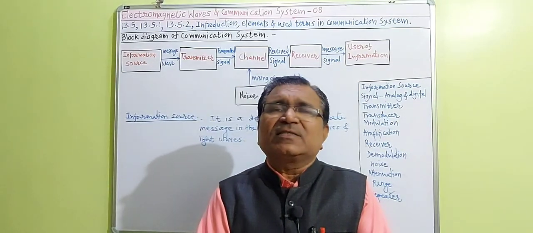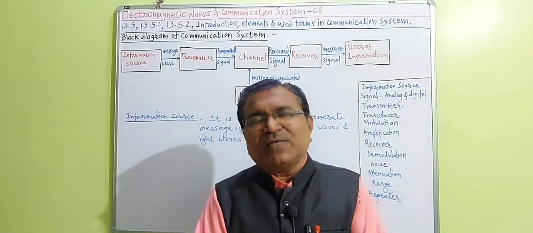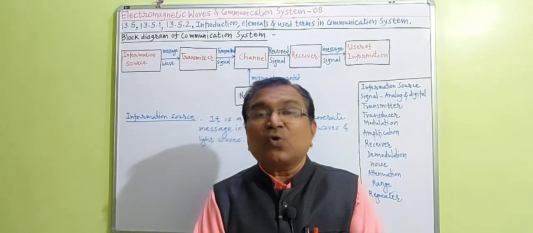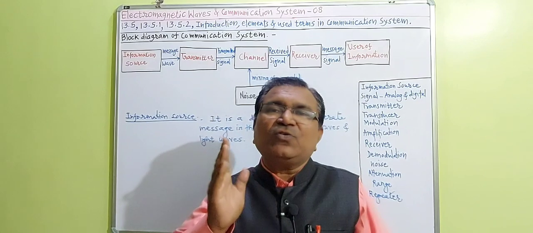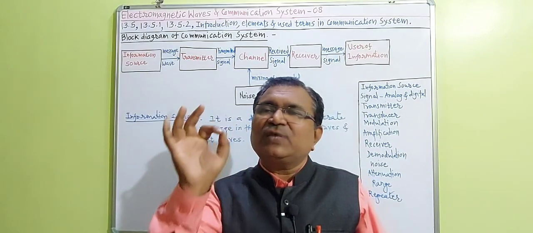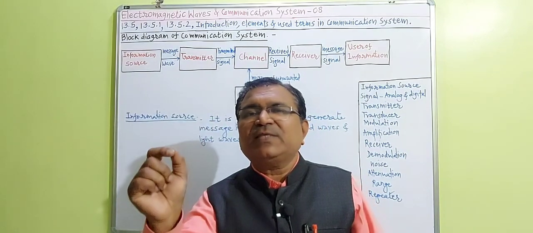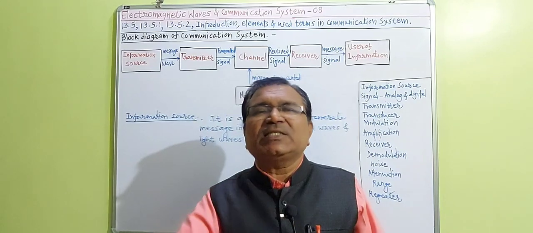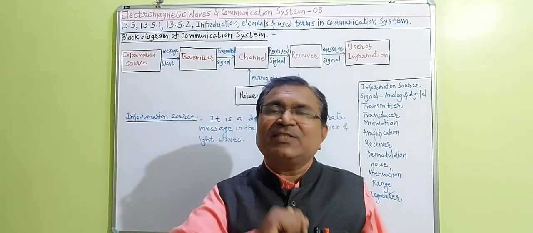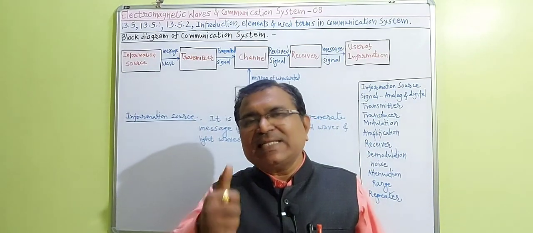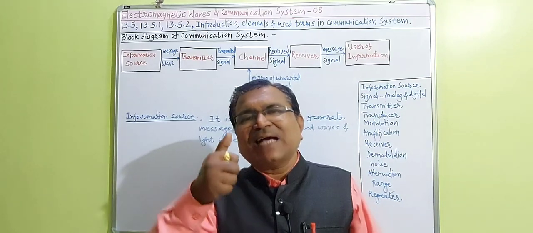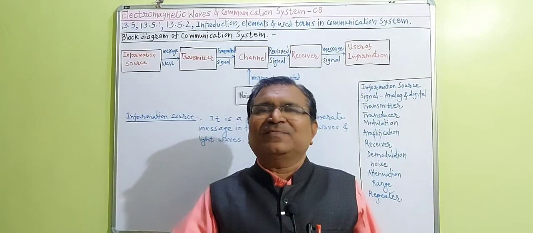Because this sound wave and light wave have lower frequency, and we know E is equal to h nu. If the frequency is low, energy is low, and if the energy is low, its strength, its capacity, its ability is also very weak.